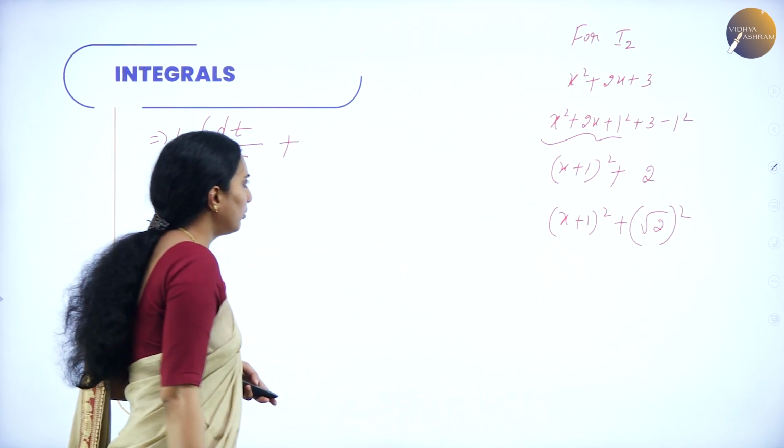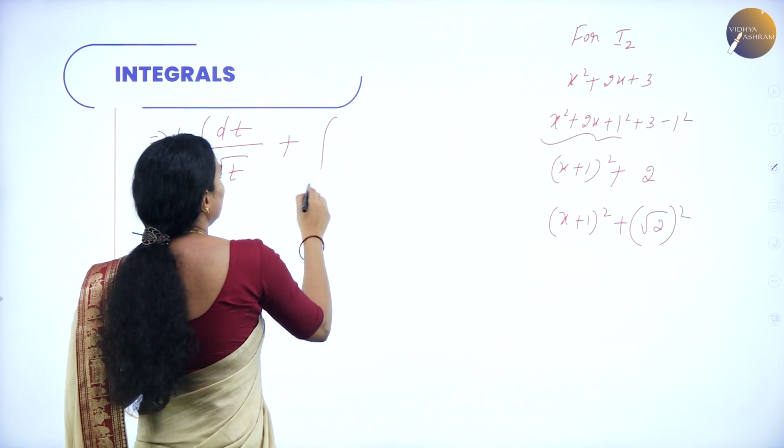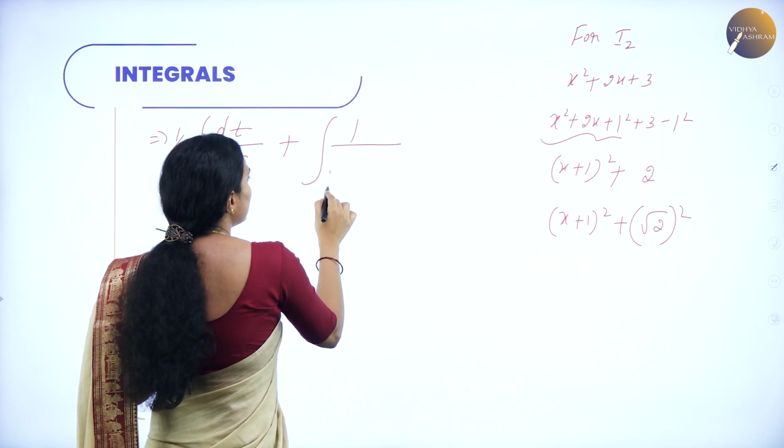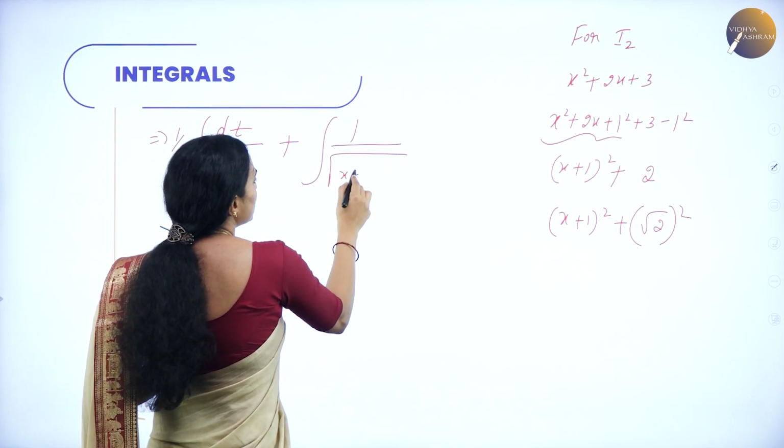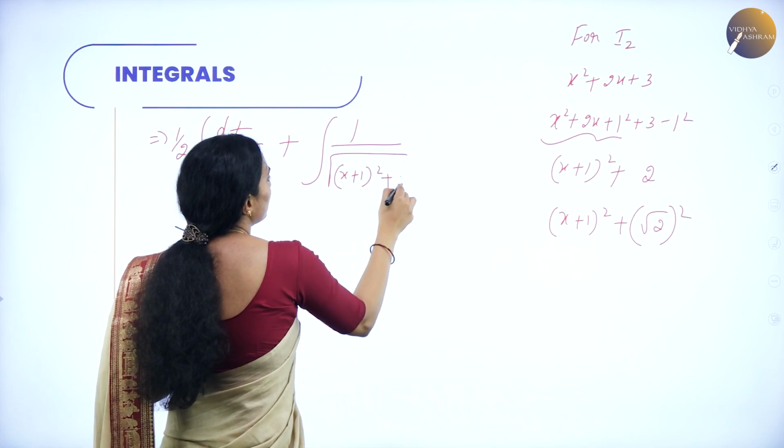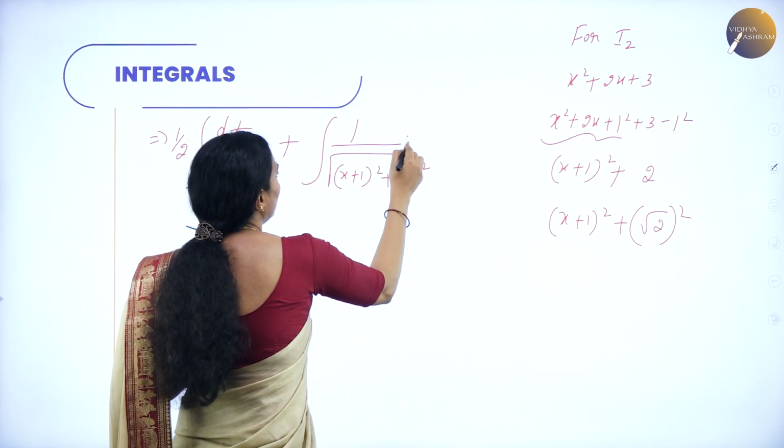Now therefore substituting in the I2, which is integral of 1 divided by under the root of x plus 1 whole squared plus root 2 whole squared into dx.